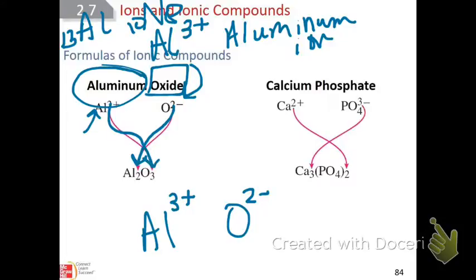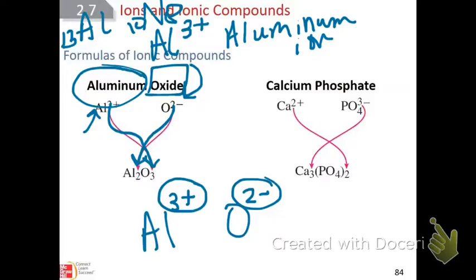Okay? And technically what they're doing is all about becoming neutral. Mathematically, 3 times 2 is 6 and 2 times 3 is 6. So they've got to balance out and become equal.